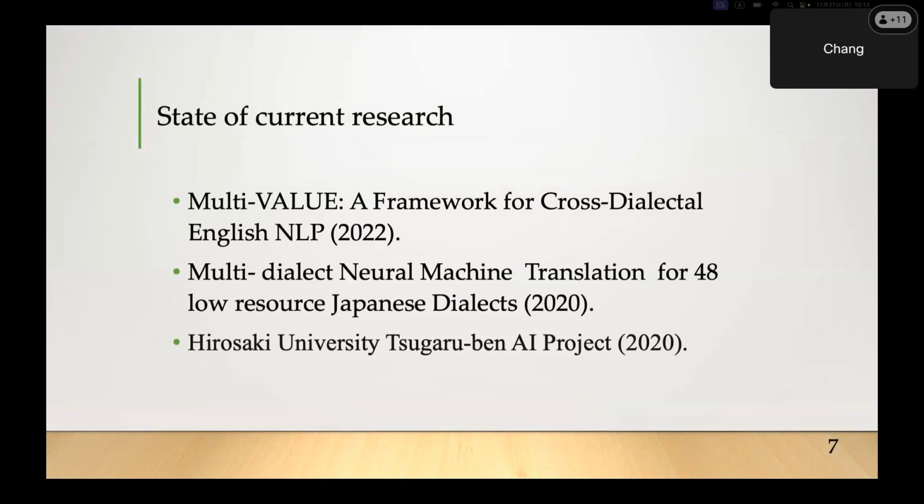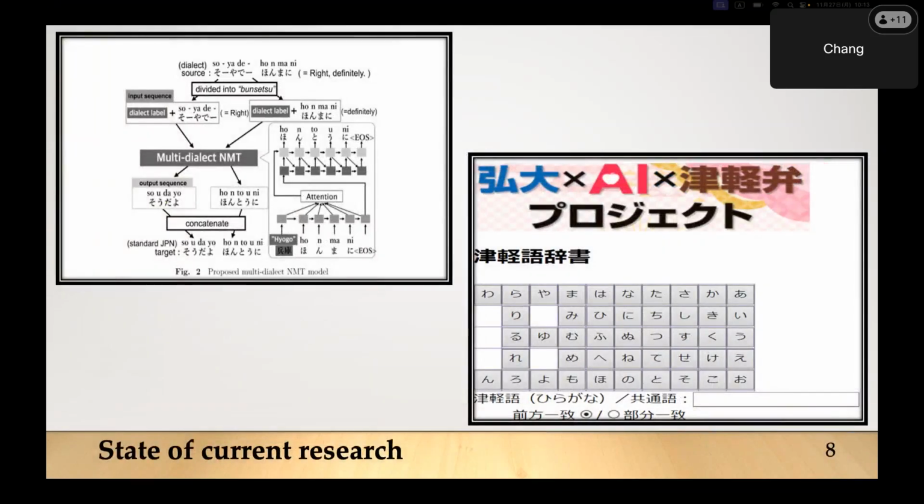There is also a noticeable increase in interest in Japanese dialects. For example, Abe, Matsubayashi, Okazaki, and Inui integrated multilingual, syllable-level, and fixed-order translation techniques into a general neural machine translation model, which you can see on your left side.